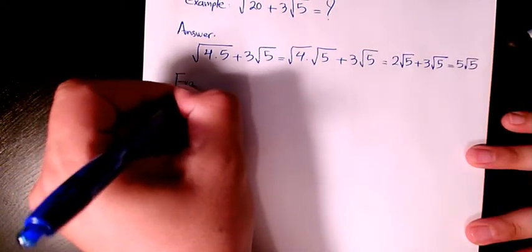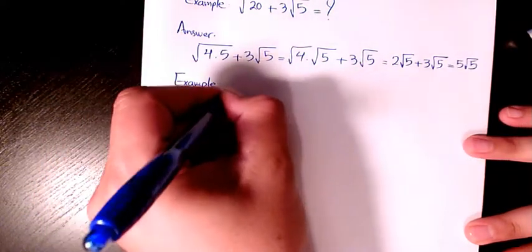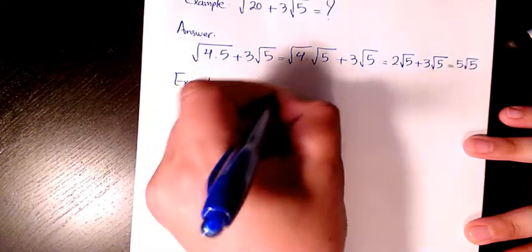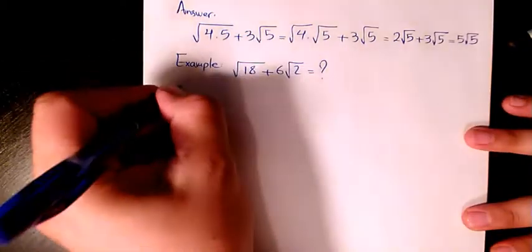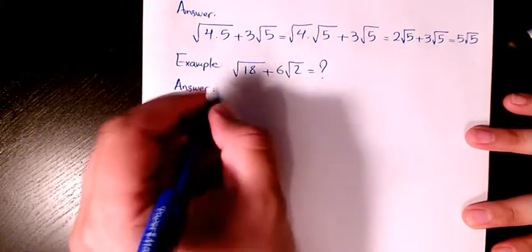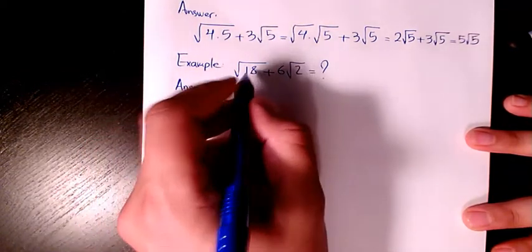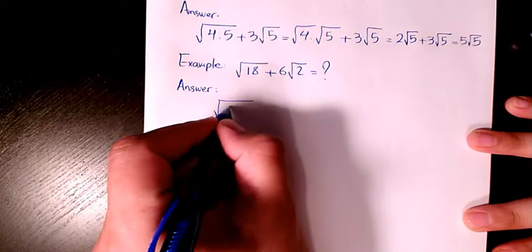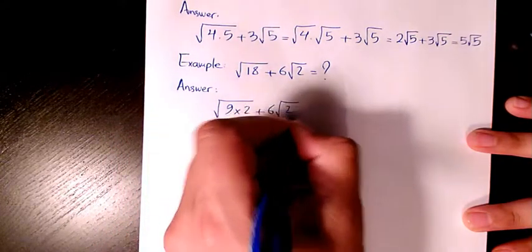Next example, we have root 18 plus 6 root 2. The answer is 18 is 9 times 2 plus 6 root 2.